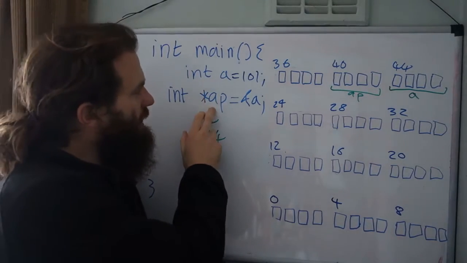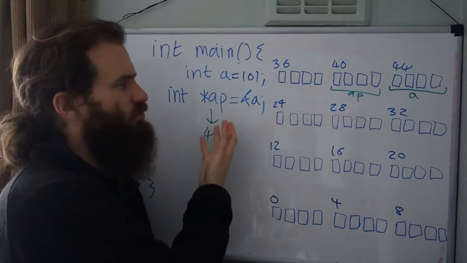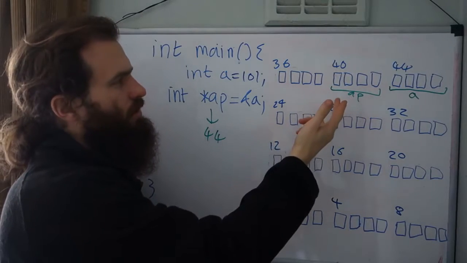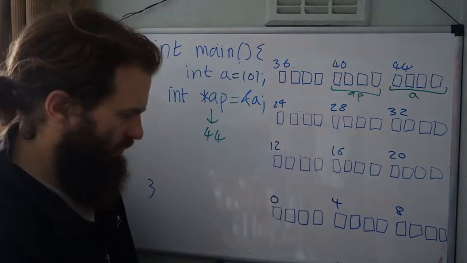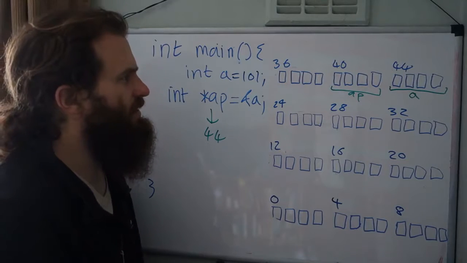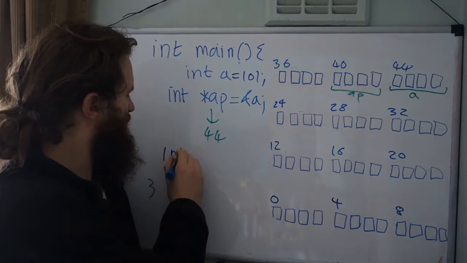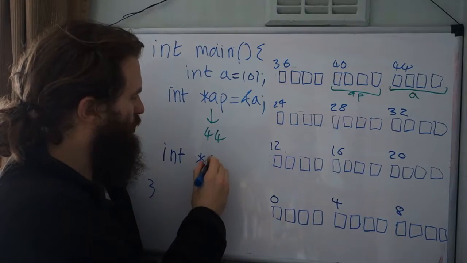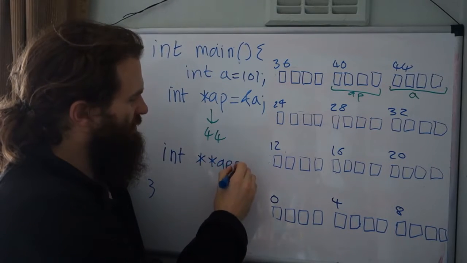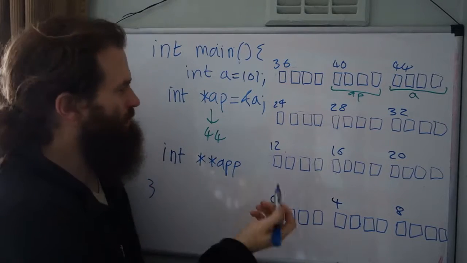So the crucial point here is that, of course, AP is also a variable, so it also exists in memory. So what we can do is we can then say, well, what is the address of AP? And then that gives us a pointer to a pointer, right?